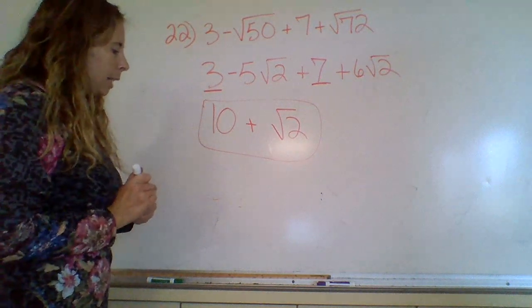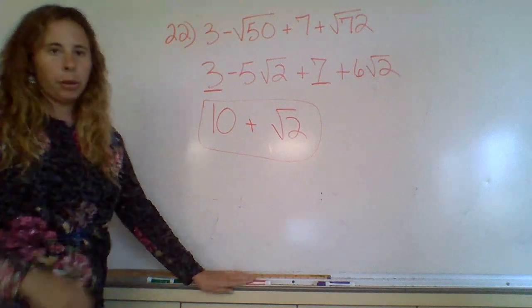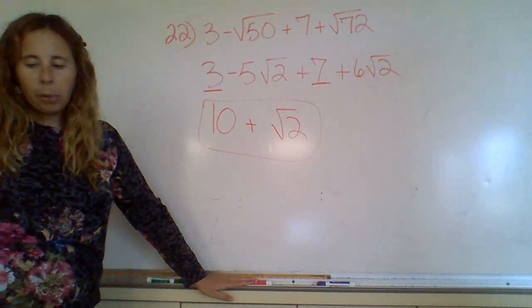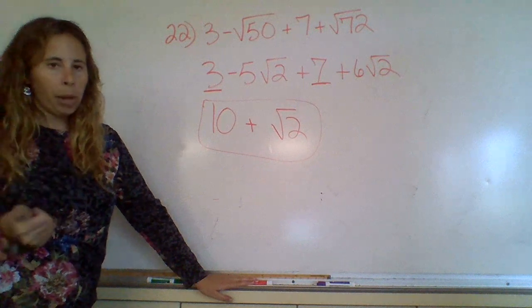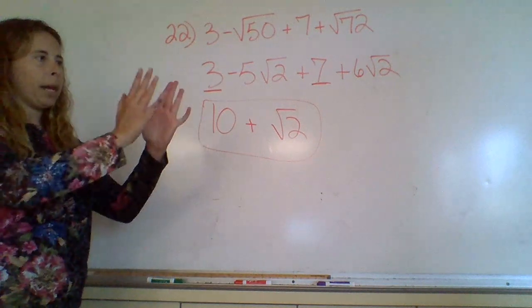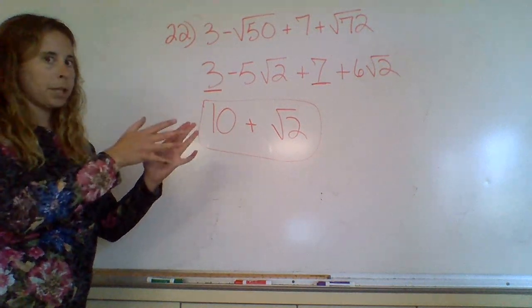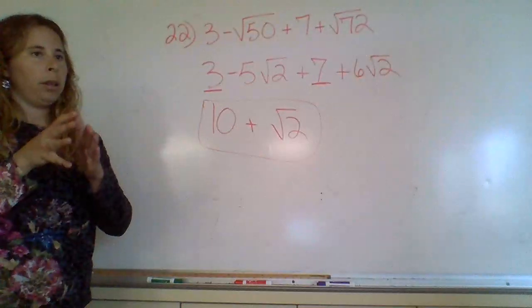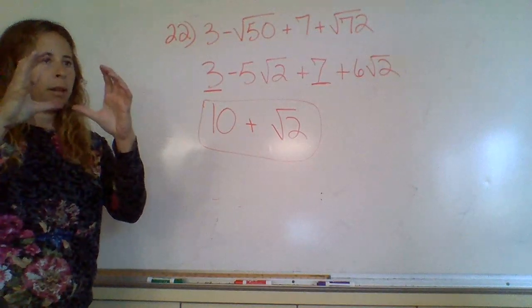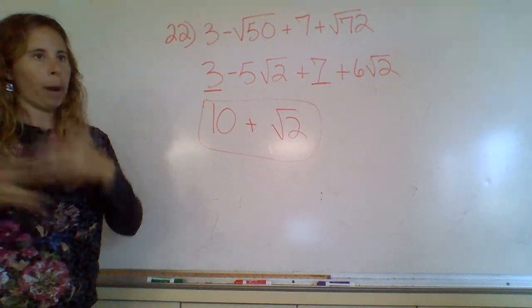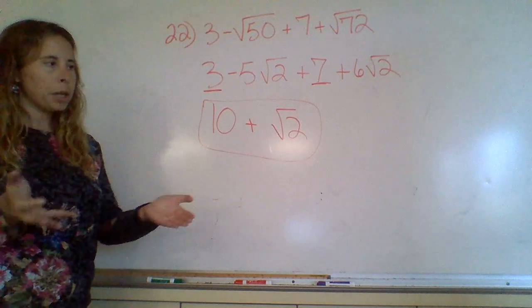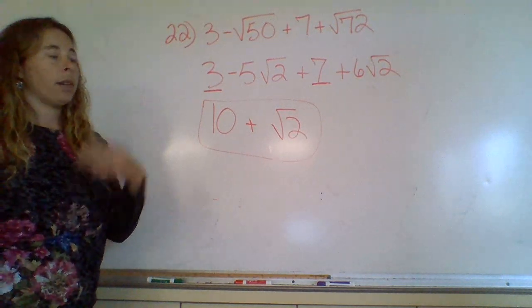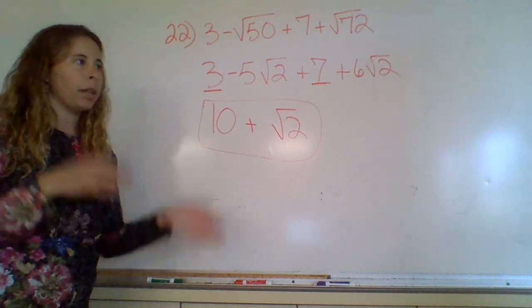The last thing you need to be good at for Unit 3 is classifying numbers. All numbers are either complex, as in imaginary, or they're real. If they're real, then you have different classifications within there, rational or irrational. If they're rational, then are they integers? If they're integers, are they whole numbers?